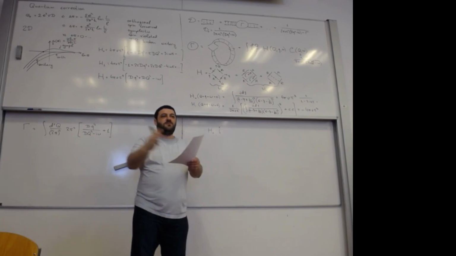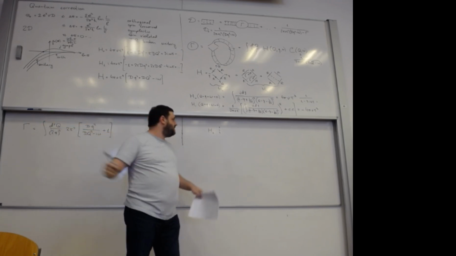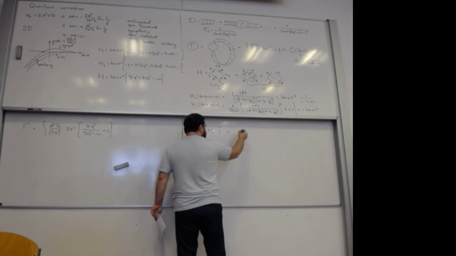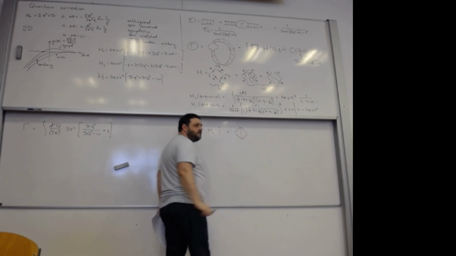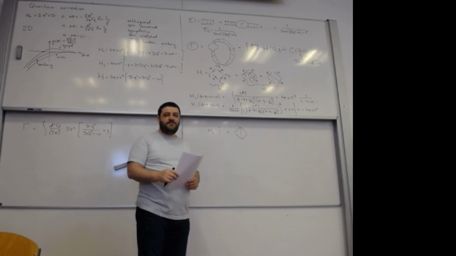So the first term from this Cooperon series, this object looks like this. This is the box. And this is a single impurity.